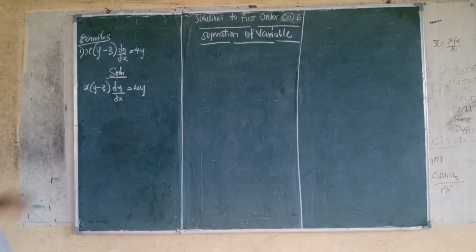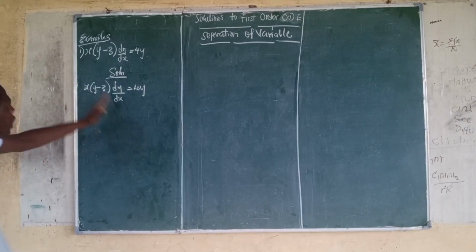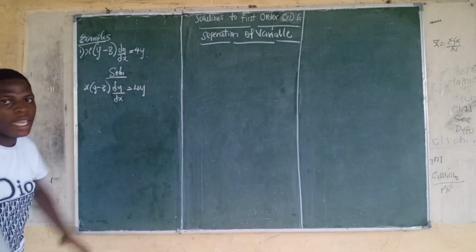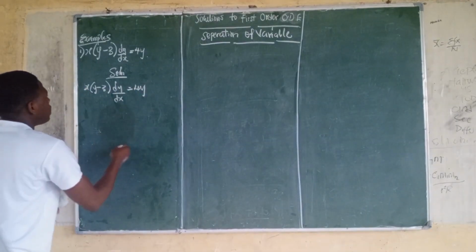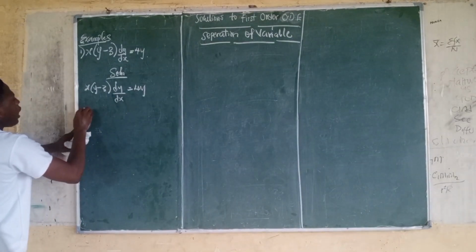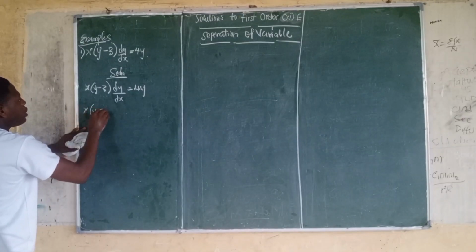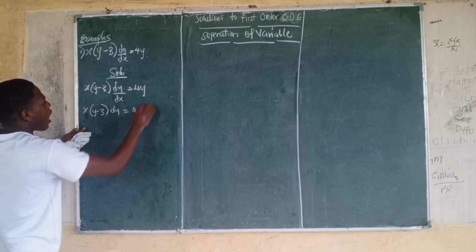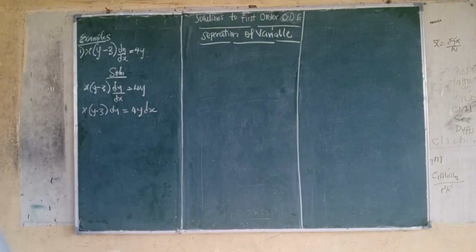What's the next thing? I told you to group all those variables with y to this side, and those variables with x to this other side. Now we can say that x(y - 3) dy = 4y dx.